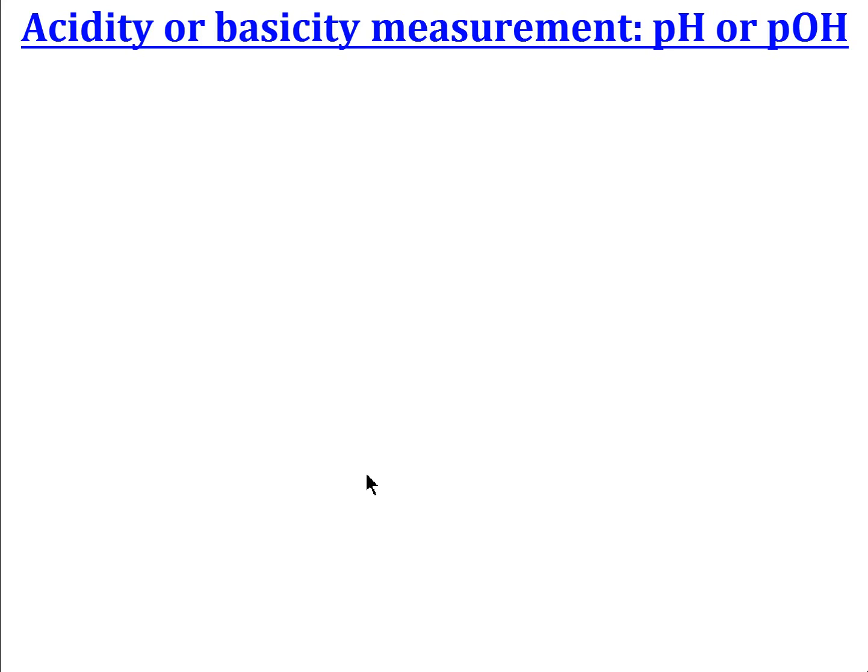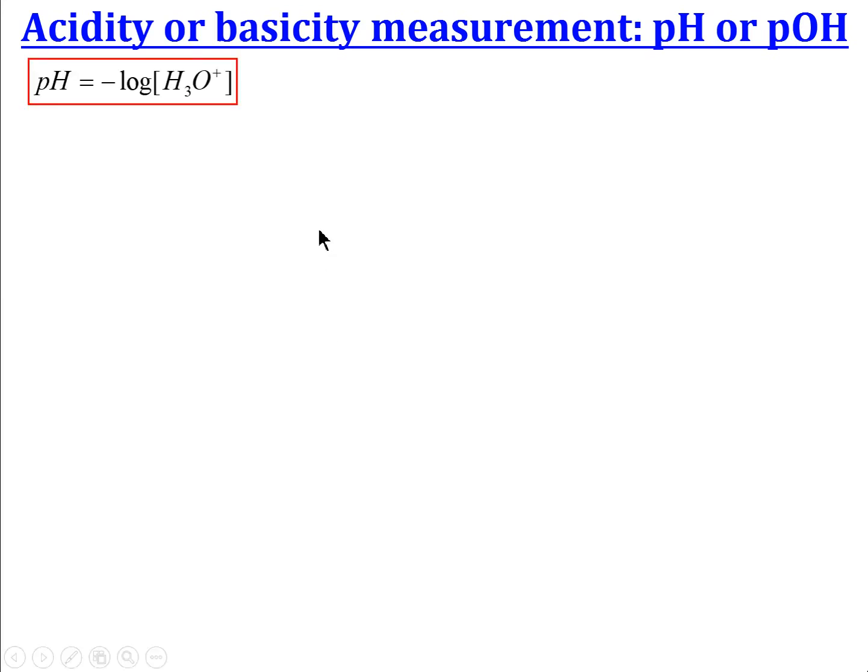Any solution contains H3O+ and OH- ions, and the concentrations of these ions depend on the composition of the solution. So for any solution, we have to measure the value of the pH and the value of pOH.